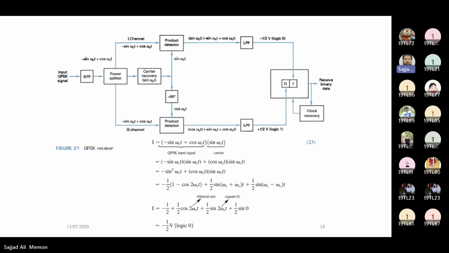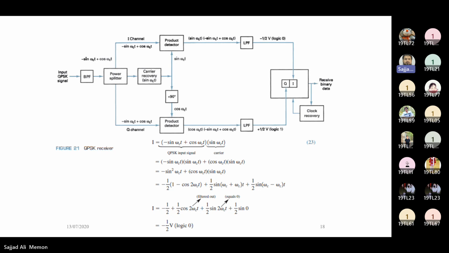So this component will be cancelled out, and this component will be twice of omega c, so that will be filtered out, same as this component will be filtered out. The only thing that remains is minus 1 over 2, that is logic 0.